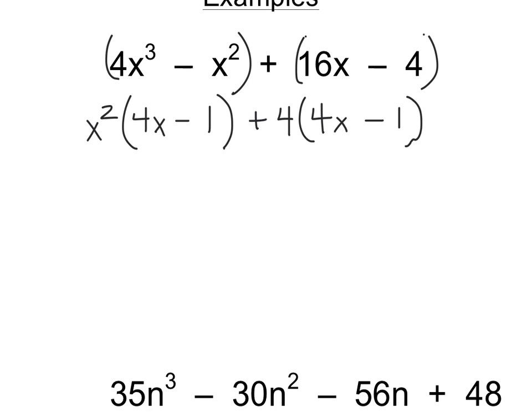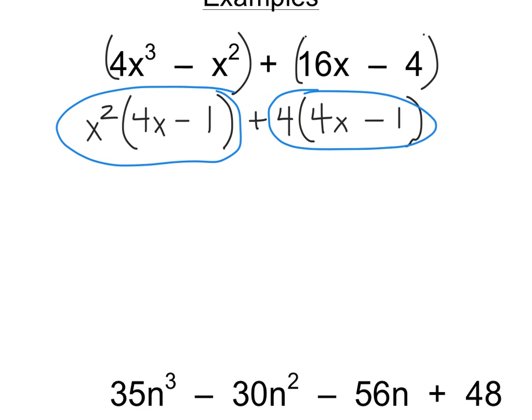Now I'm checking to see, in this group and in this group, what do they have that's exactly the same thing? I see a 4x minus 1. Whatever's in the parentheses is exactly the same.